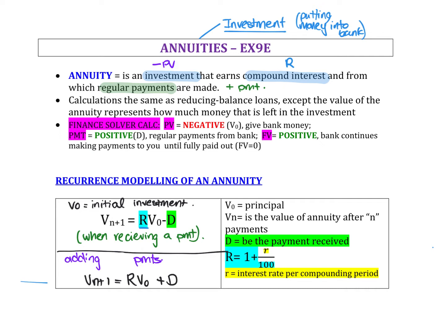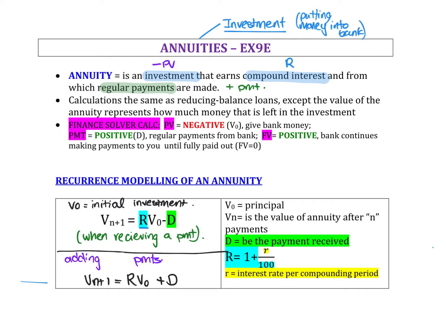All right, so that's what you've got to be careful about. If you were adding more to it, then underneath you might write when you're receiving a payment, it looks like this.